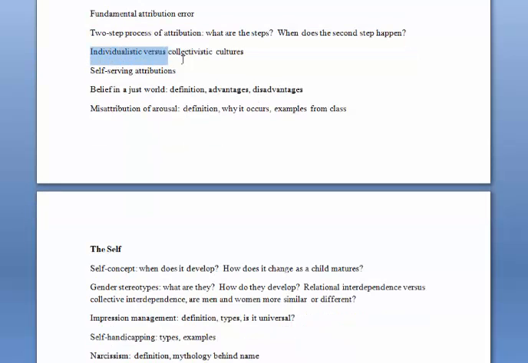So individualistic cultures are cultures that tend to focus on individuals, like our culture. So Western cultures, including our culture, tend to be more individualistic, where we focus on our own achievements and goals and dreams, and we feel like we are individuals. Versus a collectivist culture that would say that the most important thing is your relationships with other people, and you would define yourself based on the success of your relationships.